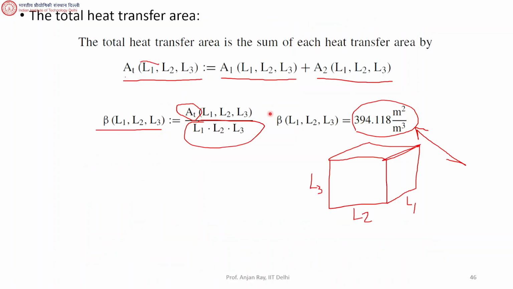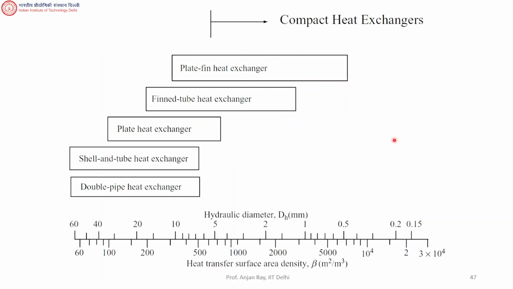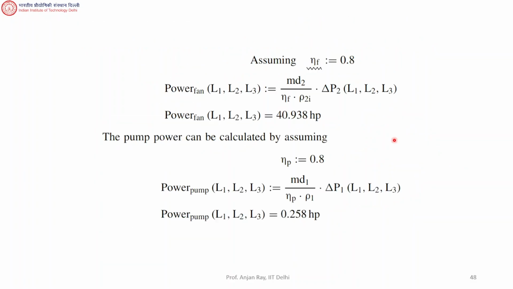So this one is actually not compact because it's only 394. Right. A few other calculations are also there as part of the problem. What is the power of the fan? What is the pumping power and all that? So that also you can check the calculations yourself.